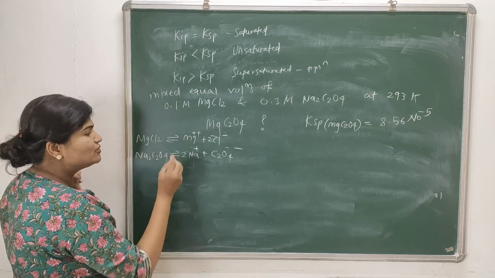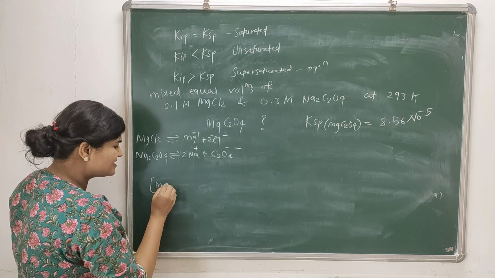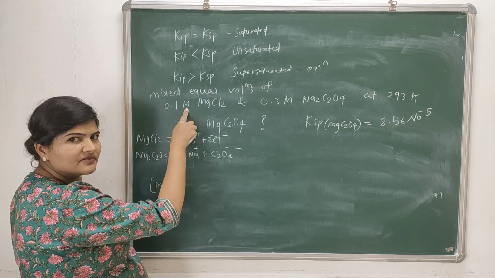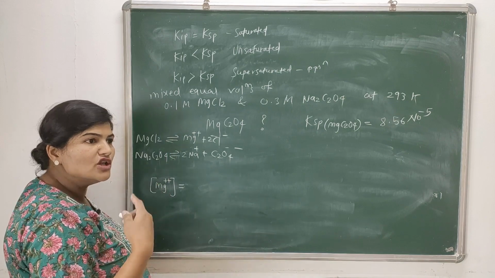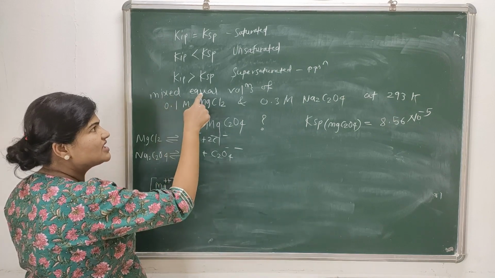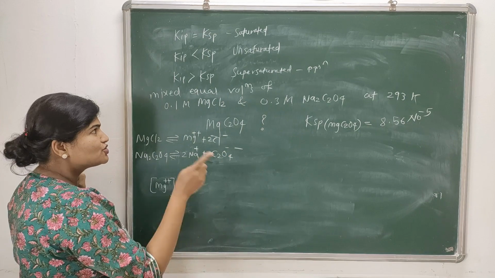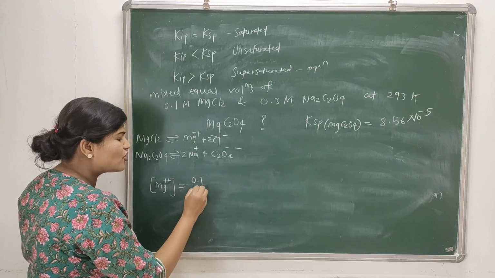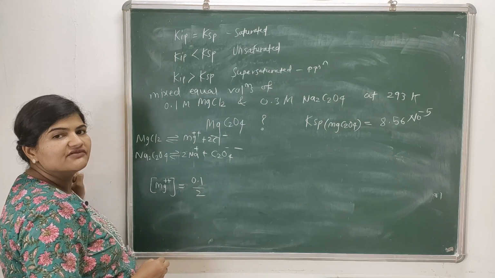So the concentration of magnesium ions is 0.1 molar, but as the volume is doubled, as we have mixed equal volumes of both of them, the effective concentration of magnesium ions will fall to half of its given value.